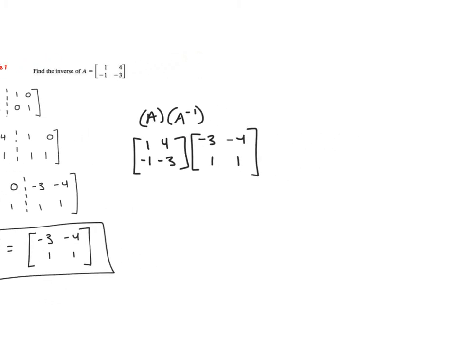If you multiply the first row with the first column here, we actually do get 1. If you multiply the first row with the second column, we should get 0. If you multiply the second row with the first column, we get 0. And if you multiply the second row with the second column, you get 1. So that proves that it is our inverse matrix.